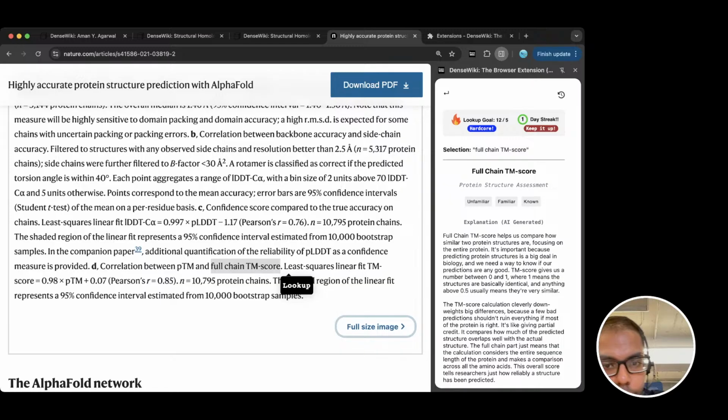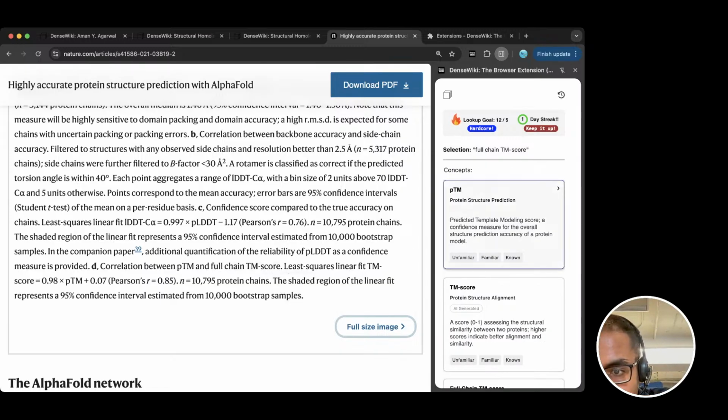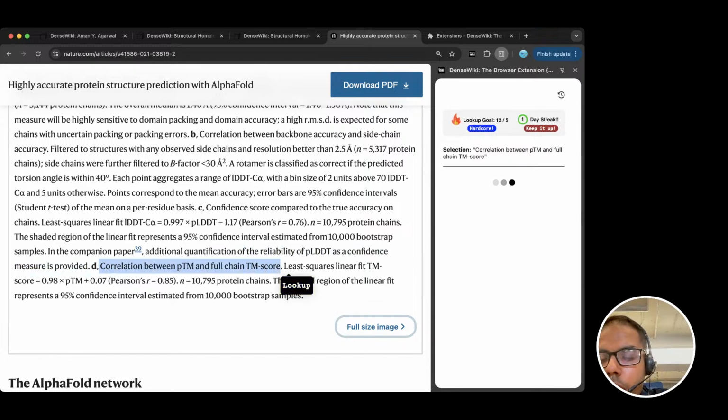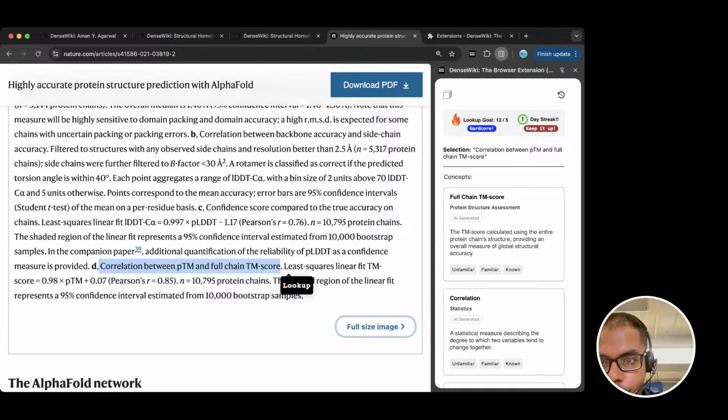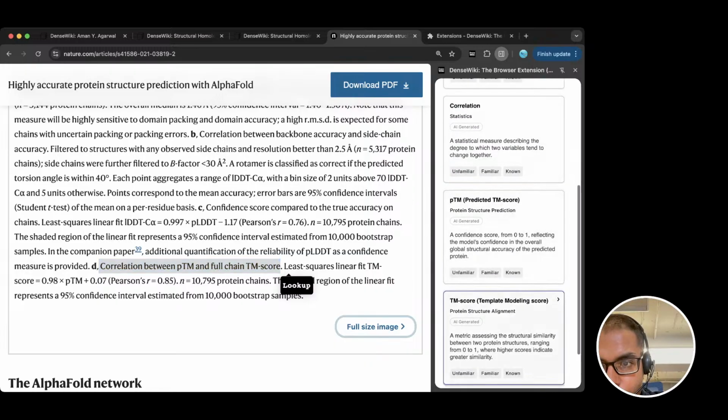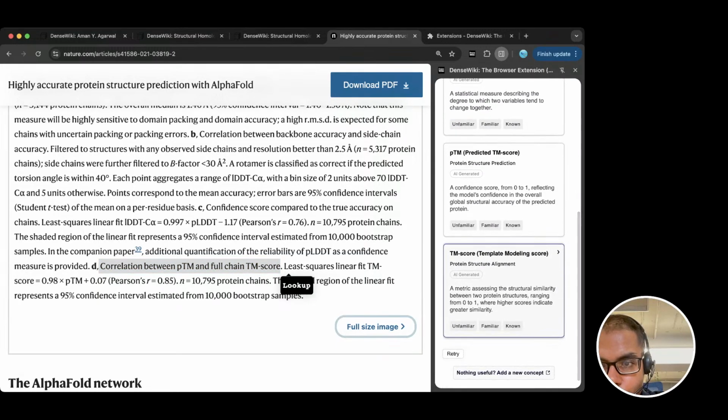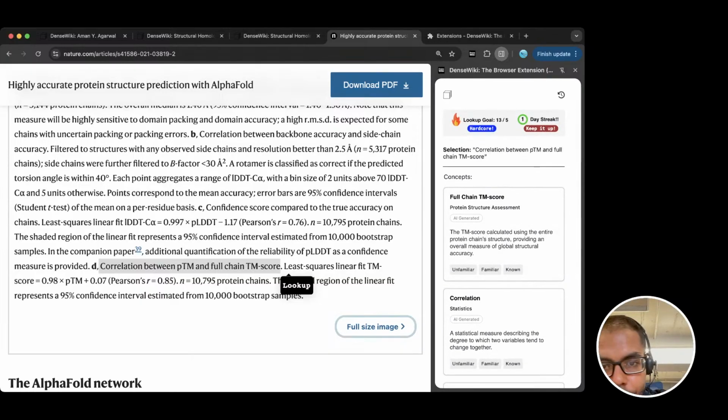Okay, and the pTM. Let's see what this means. Oh, whatever, nothing useful here. Least squares linear fit, score times pTM.